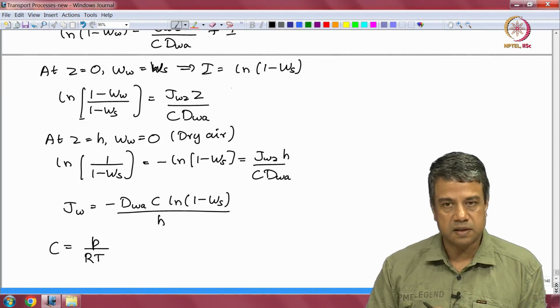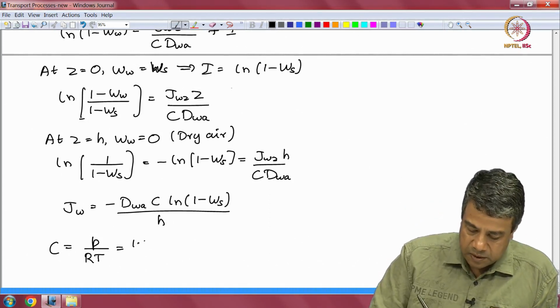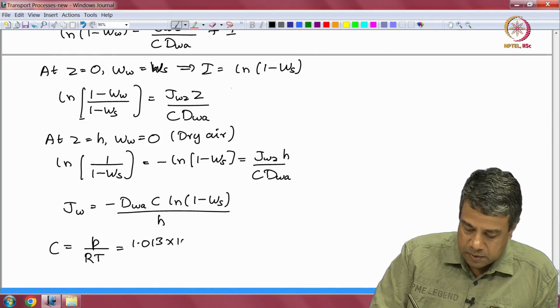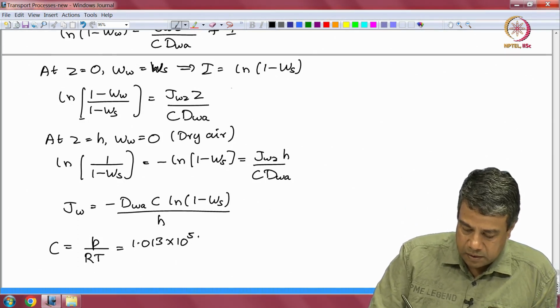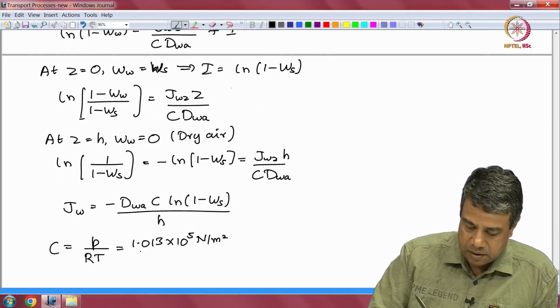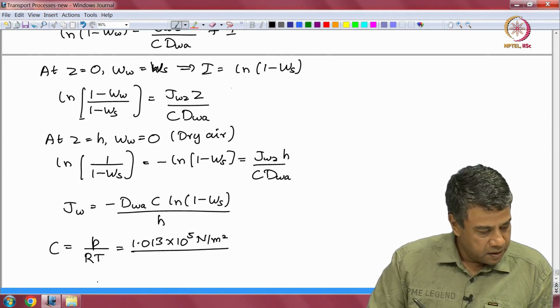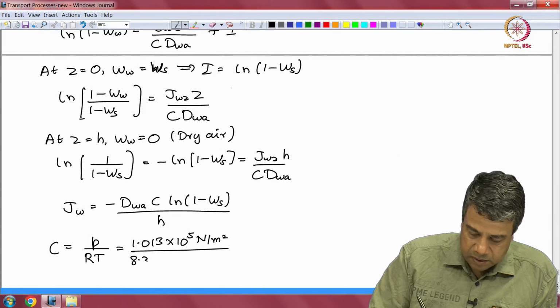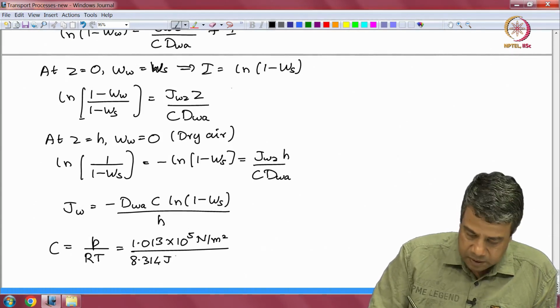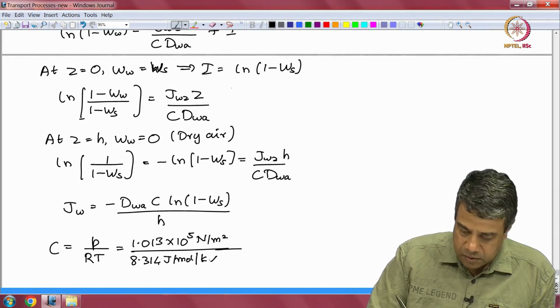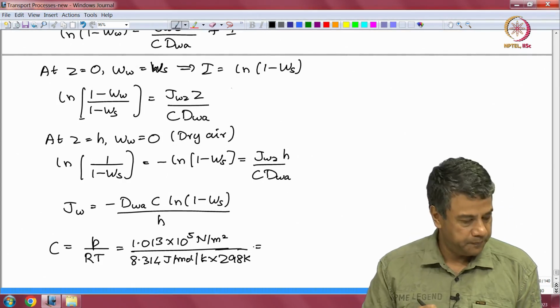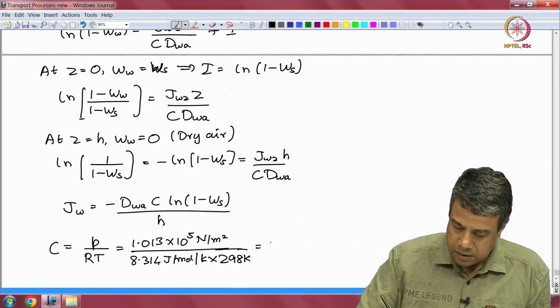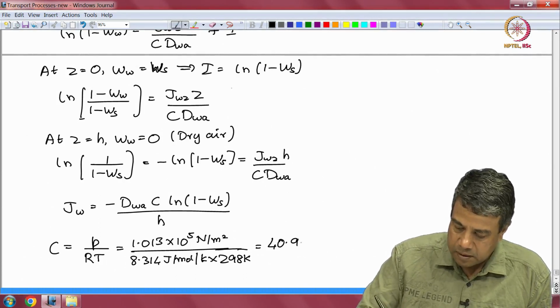So, the molar concentration is just P by RT: 1.013 into 10 power 5 newtons per meter square, divided by 8.314 joules per mole per Kelvin into 298 Kelvin, 25 degrees centigrade. This is 40.9 moles per meter cubed.